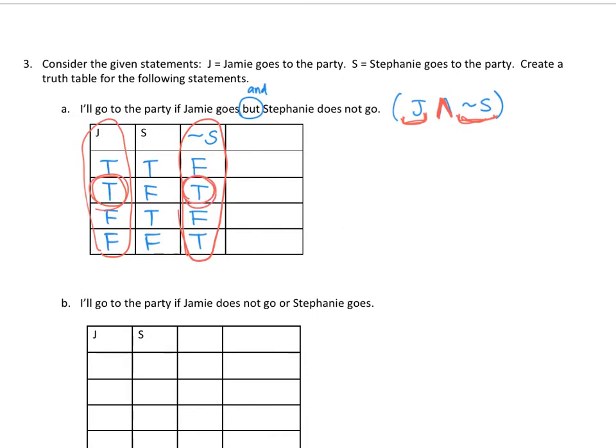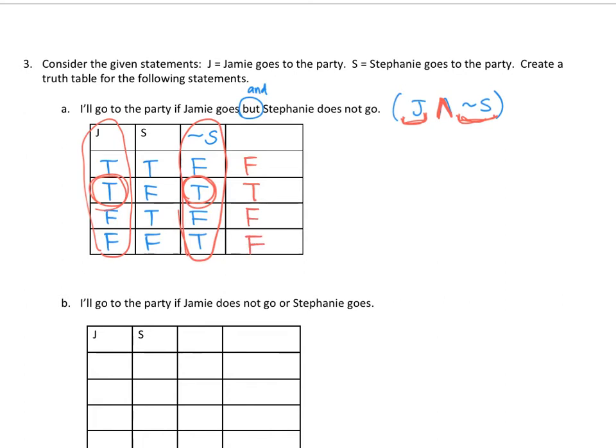That's the only time I have TT. Notice that I'm not looking at the S column anymore, because here is the negation of S column. So I'm looking at this column instead. So the only time I have TT is this one. I don't see anything else that has TT. So everything else is going to be false.